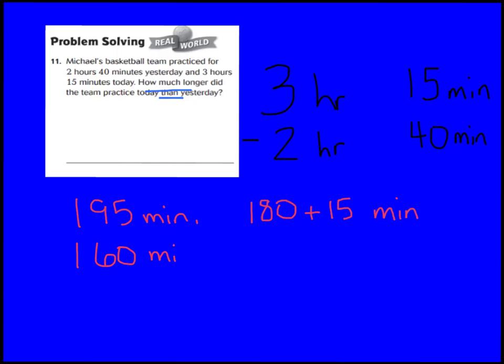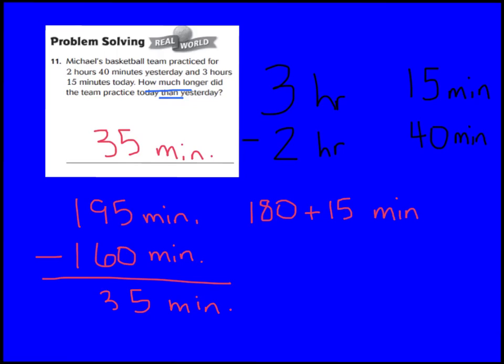So I have 195 minutes minus 160 minutes. So the difference that the team practiced today than yesterday would be 35 minutes difference. So we can say that the team practiced 35 more minutes today than yesterday.